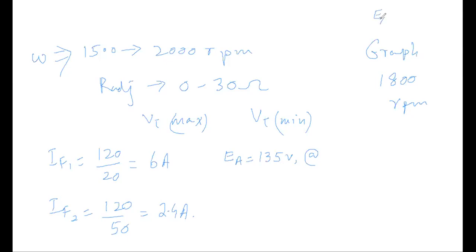We are using this proportionality, E is equal to K phi omega m. Now omega m is also being varied and phi is also being varied, so we are in a slight problem that two variables are varying.